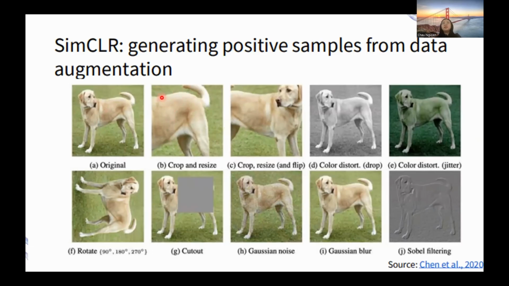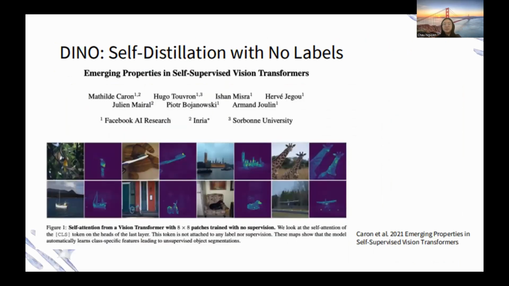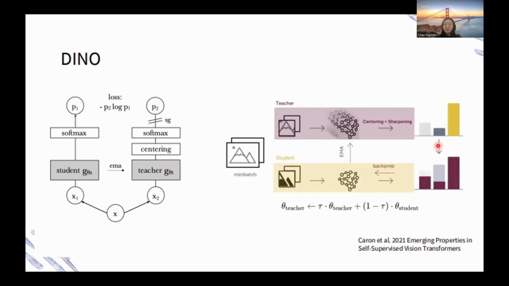We let the student network only learn from the smaller views here, and then we let the teacher network be exposed to both the global and the local crops. We try to train it such that the student network, given that it learns from smaller views, is still able to match the performance of the teacher network, so that the distribution the student network learned is the same as the teacher network's.